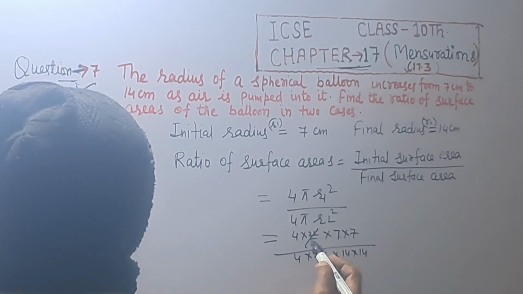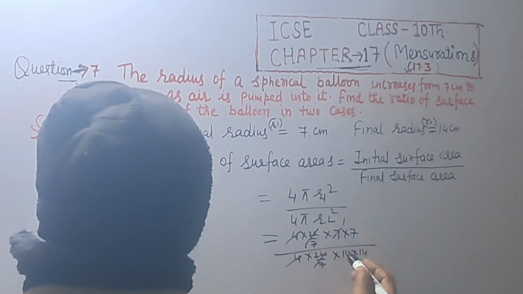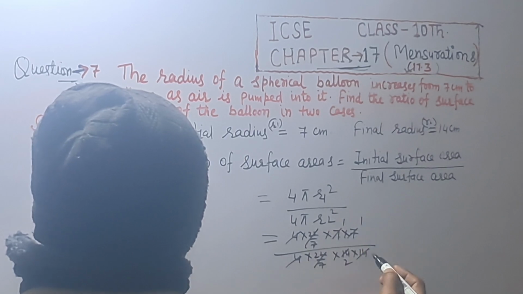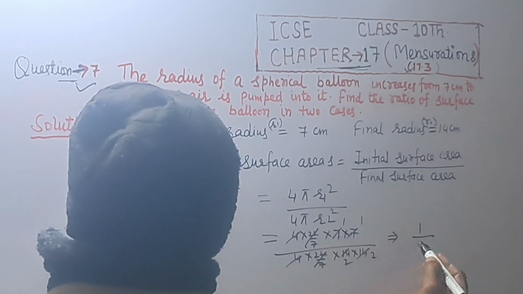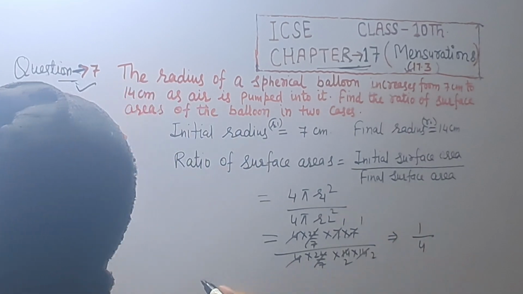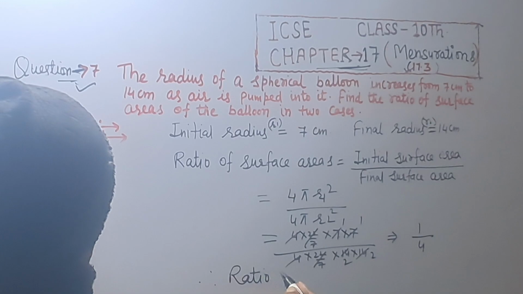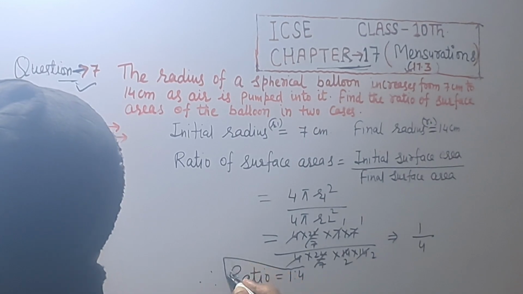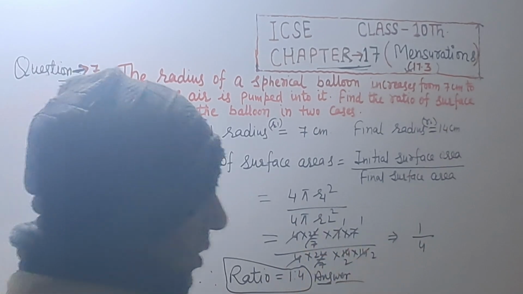Pi by 7 cancel, 4 is cancel, 7 1s are 7, 7 2s are 14, 7 1s are 7, 7 2s are 14, which implies 1 upon 2 2s are 4. So ratio is equal to 1 ratio 4. Answer.